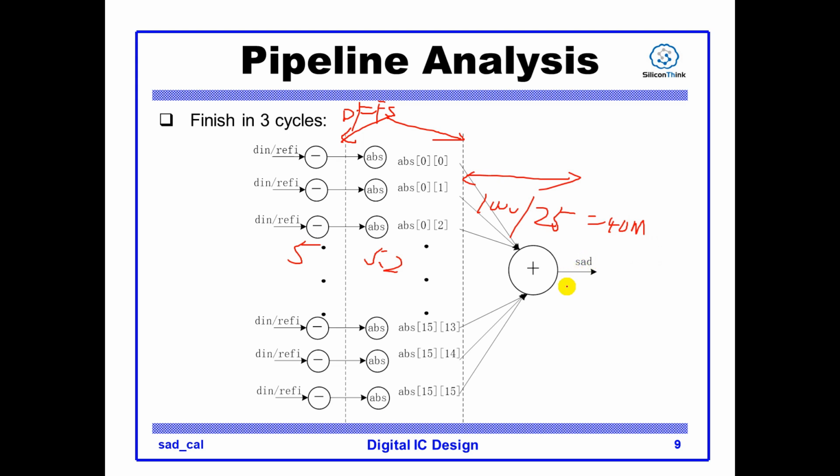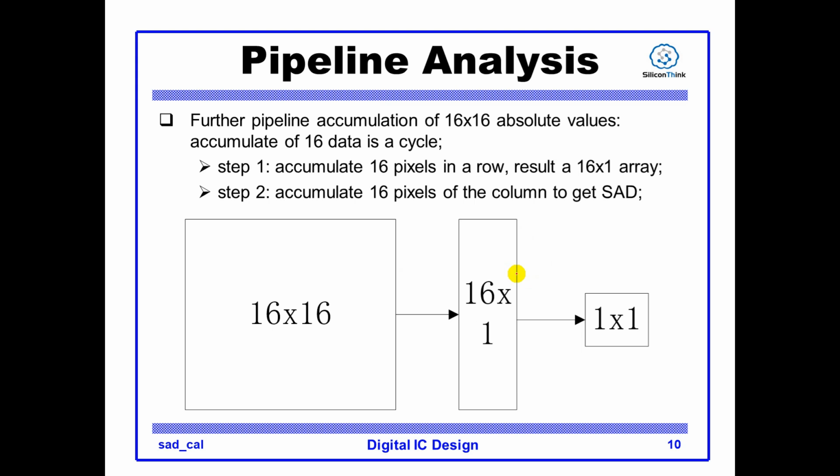So the next step is, if you want to further increase the clock frequency of the design, you have to pipeline this part. So how to pipeline this part? Can you figure it out by yourself? Okay, there are some solutions from me. First, we can think about, can we accumulate 16 data in a cycle?